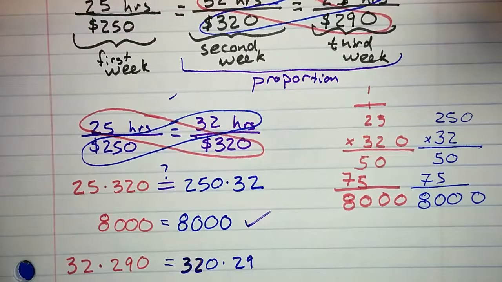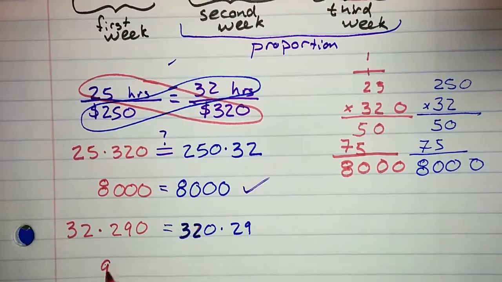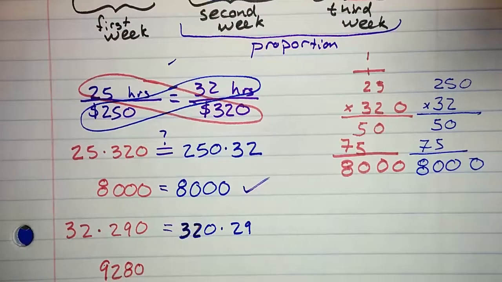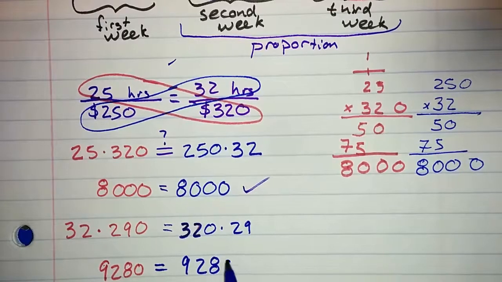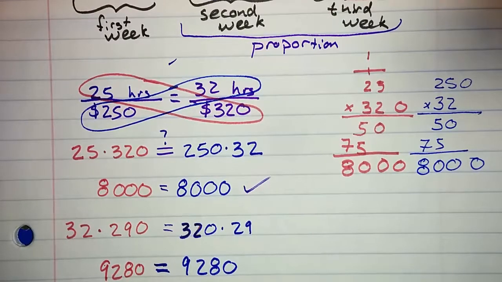And working out both of those multiplication problems, we're going to get 9,280 over here, and 9,280 over here. And we see that those are, in fact, going to be equal.